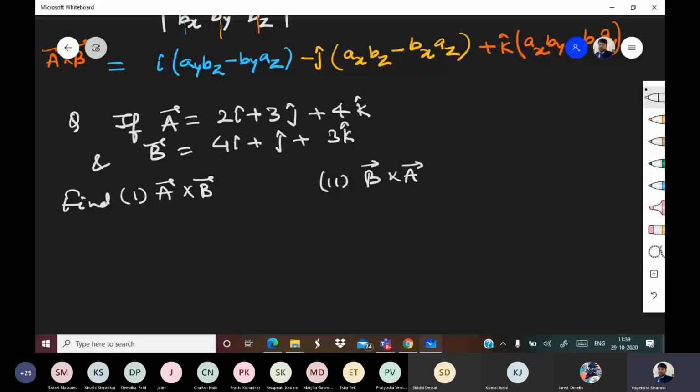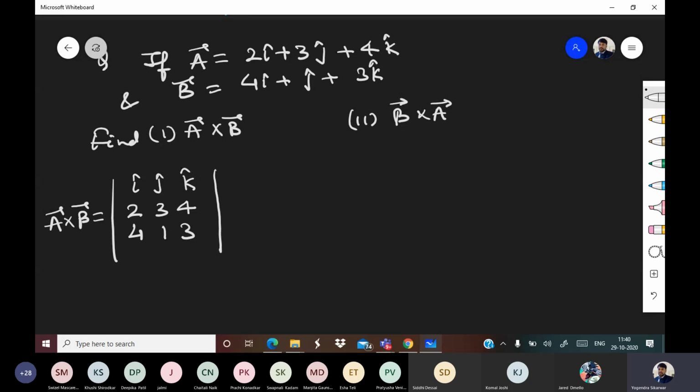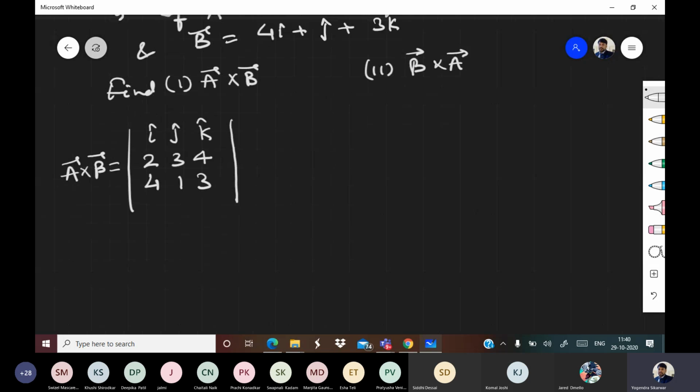Okay, everyone, please pay attention. A cross B will be i, j, k. Now A first: 2, 3, 4. Then comes B: 4, 1, 3. Alright. Now we are going to solve this.